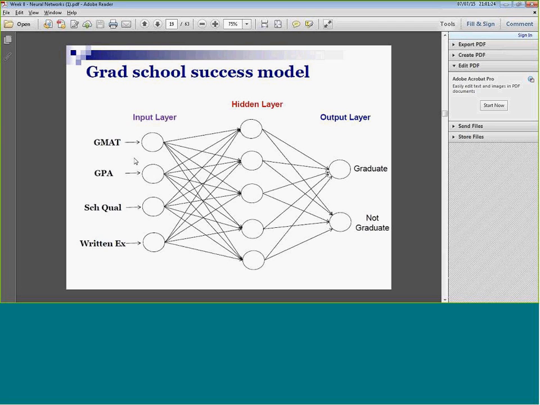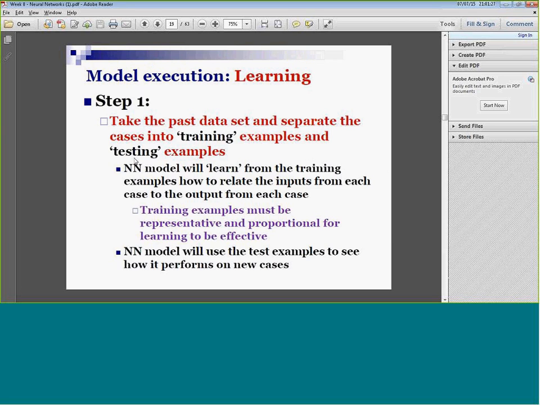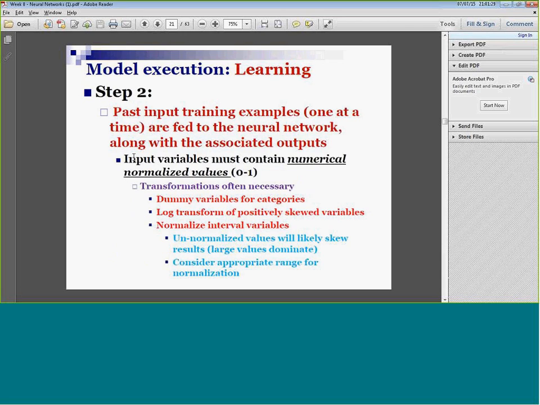If you were using gender as an input, you would have to create dummy variables for that, for categories. Why is that? You say, well, if I have gender, can I use a 0 for a female, a 1 for a male, or a 1 for a female and a 0 for a male? No, because the neural network assumes that a higher value is worth more. So basically, you would take gender and turn it into two variables.